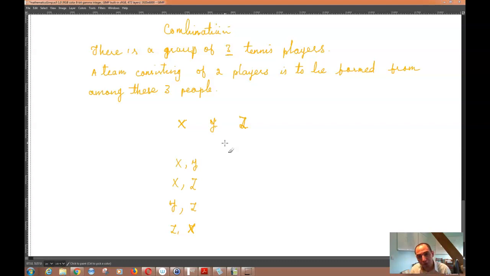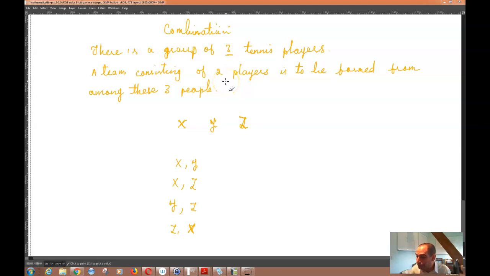Then of course you can forget completely about the order, and relative to that you're going to lose a whole lot of results, but then you will get a bunch of results in which particular members of the group that we call n are going to be selected together, and this concept we call combination.